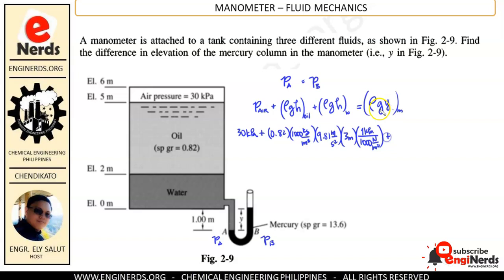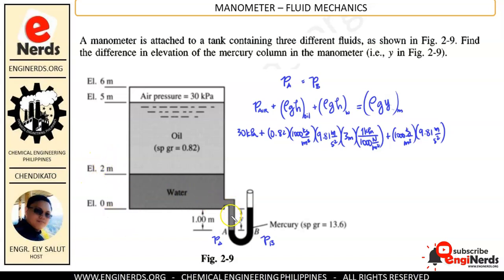Then plus density of water which is 1,000 kilogram per cubic meter times the acceleration due to gravity, and then times yung height ng water. So what is the height of water in this case? We have 0 to 2 meters. So this is automatically equal to 2 meters, right?